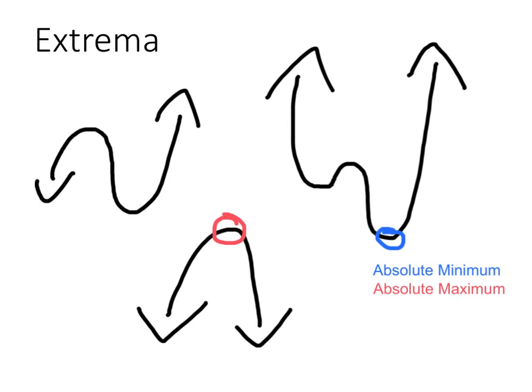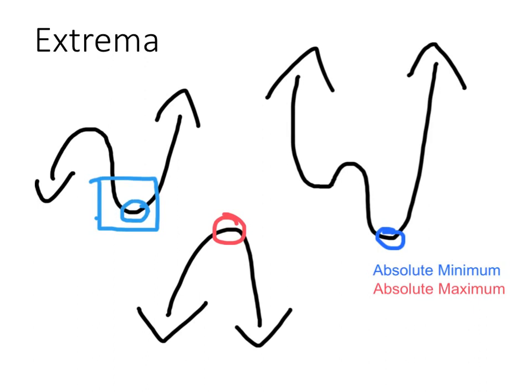Local or relative extrema are just the highest or lowest point of all of the points around them. For example, if you were to draw a box around this part of the graph, as I showed in the light blue, this point here would be the lowest point, therefore it would be a local minimum. It's the lowest value in that local region.